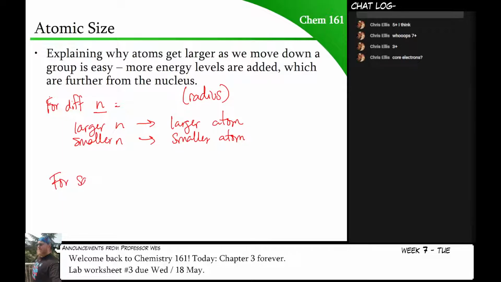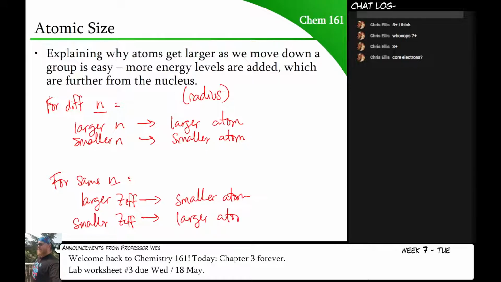But if we're looking at the same n, the bigger Z effective is, the more force pulls those electrons in the valence layer towards the nucleus, and that makes it smaller. Smaller Z effective is a bigger atom, because the electrons are not pulled as tightly by the force of fewer effective protons.